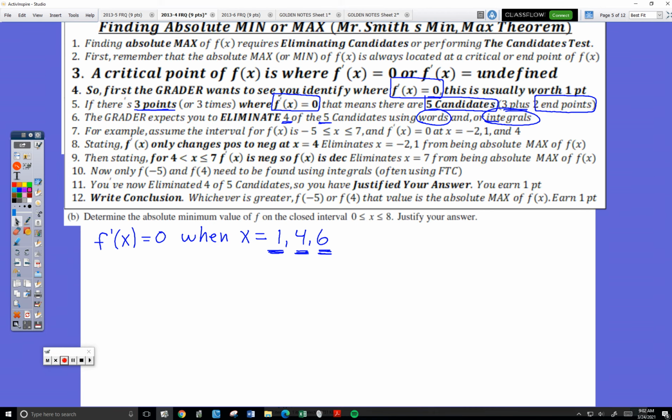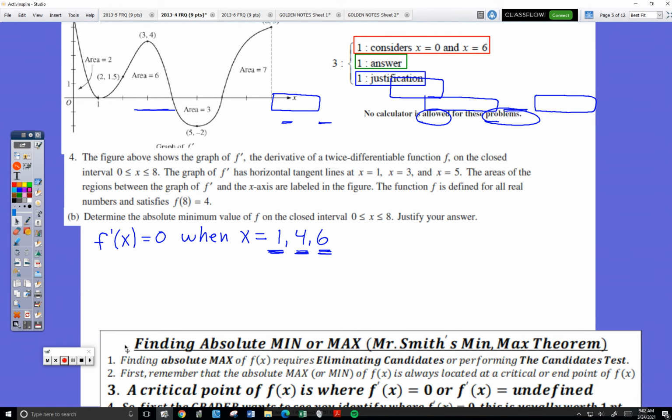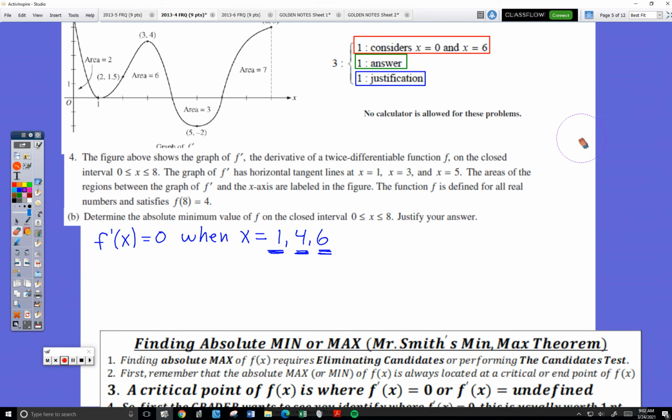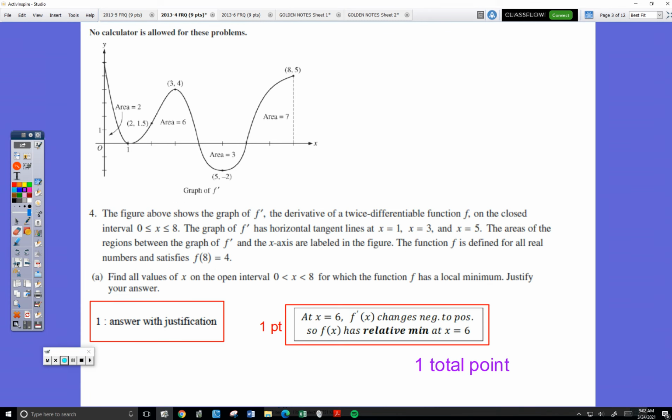Because if we look at the graph of f prime up here, we note, and they kind of led us to it, because in part A they asked us to find the relative or local min of f.